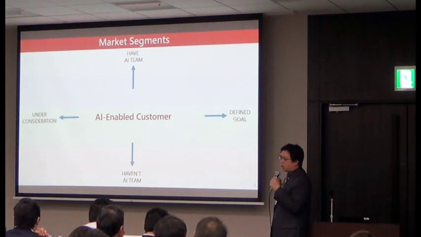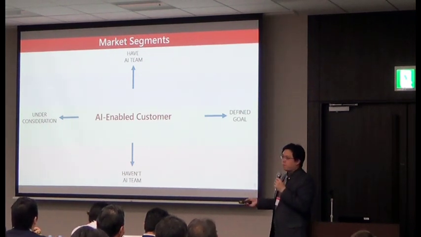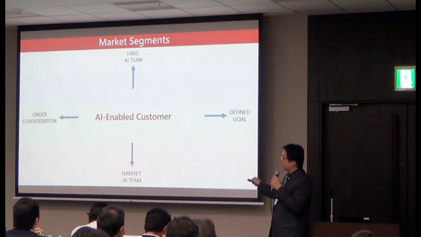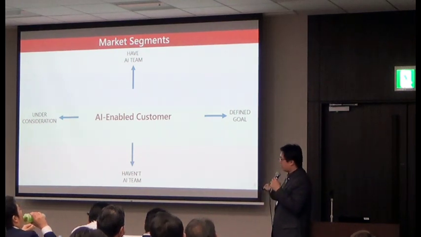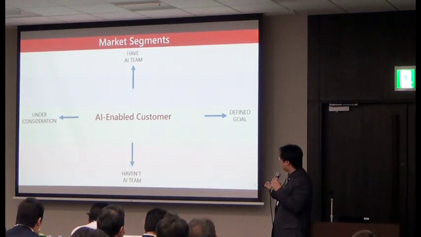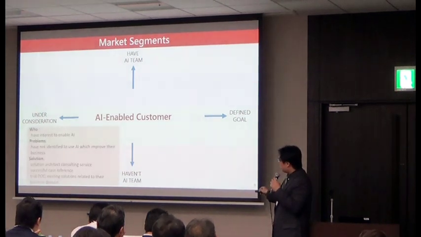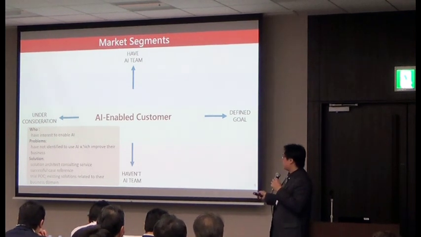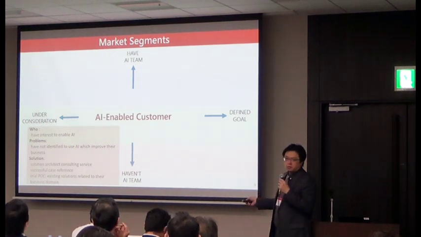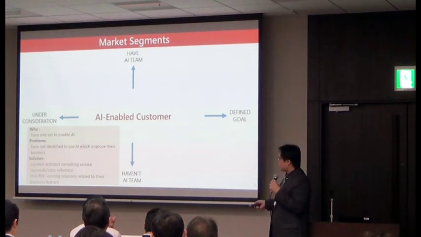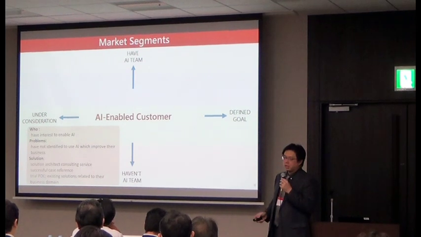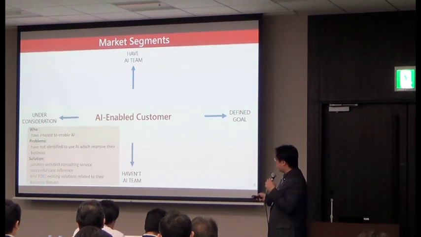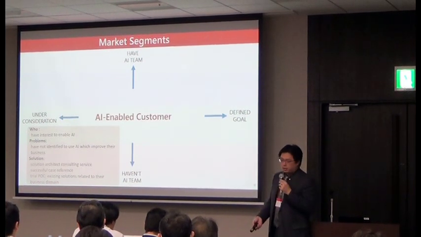One is whether the customer knows the benefit from AI or doesn't know, and whether they have resources and a team to drive it or not. First, if they don't know what they can get from AI but have interest, we have to be a solution architect consultant, show them successful case references related to their business, and provide a trial POC.